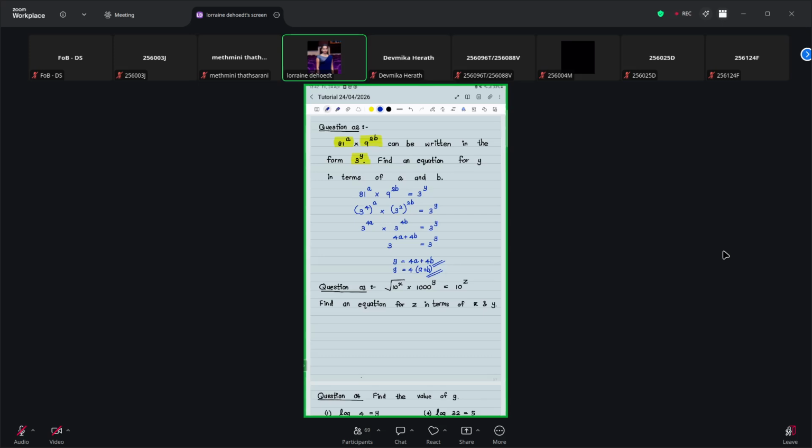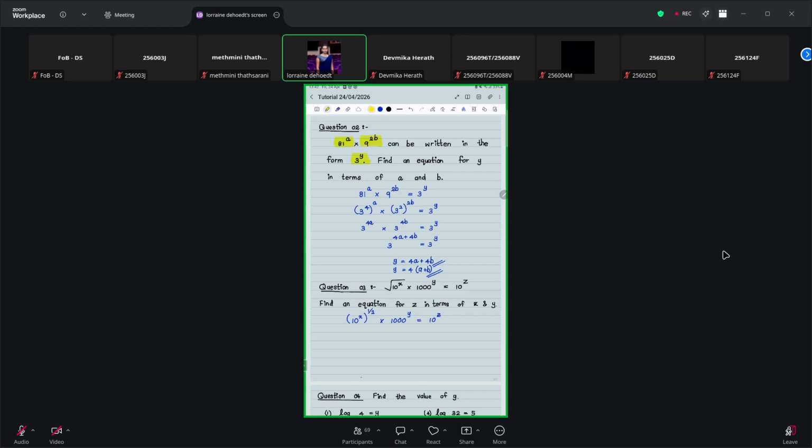Okay, let's do it. In here, 10 to the power x, square root of 10 to the power x. Now you know square root means power half. And 1000 to the power y equals 10 to the power z.